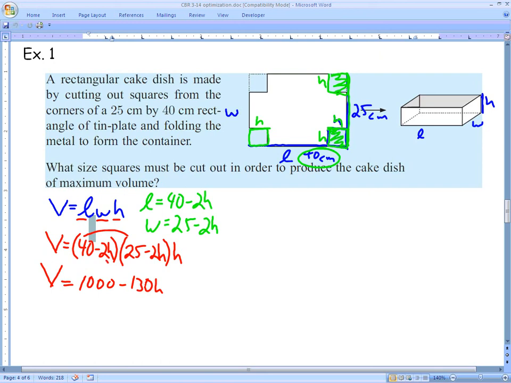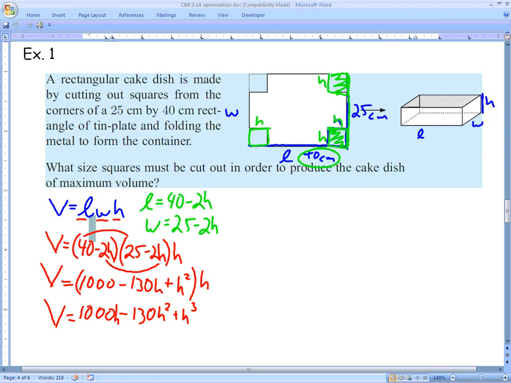And then our last terms here, the negative 2 and the negative 2, become positive 4H squared. But then I have to take all of this and multiply by one more H, so we end up with volume is equal to 1,000H minus 130H squared plus 4H cubed. And I have written now my expanded form of my volume expression in terms of H.